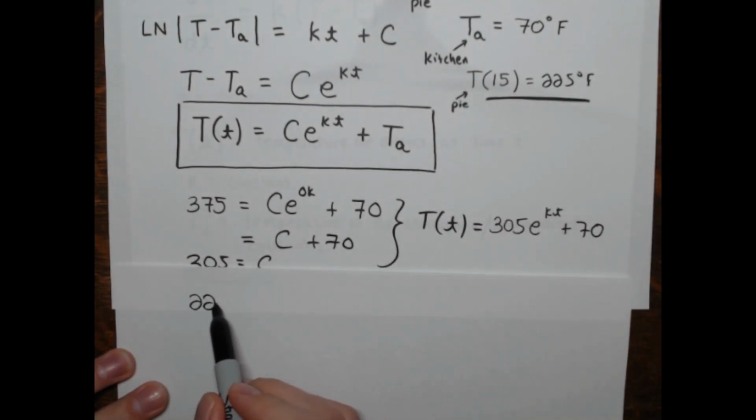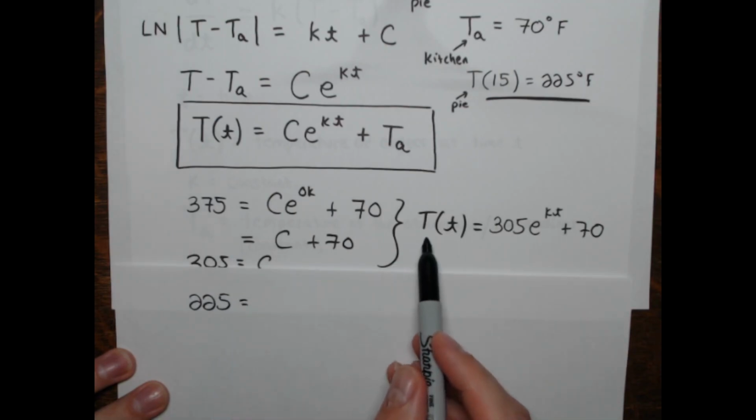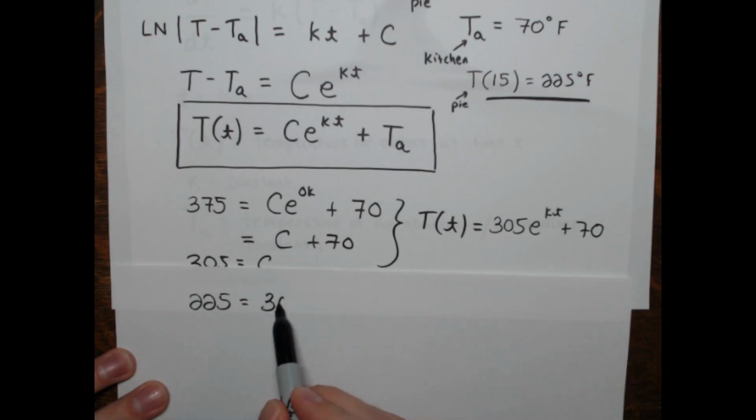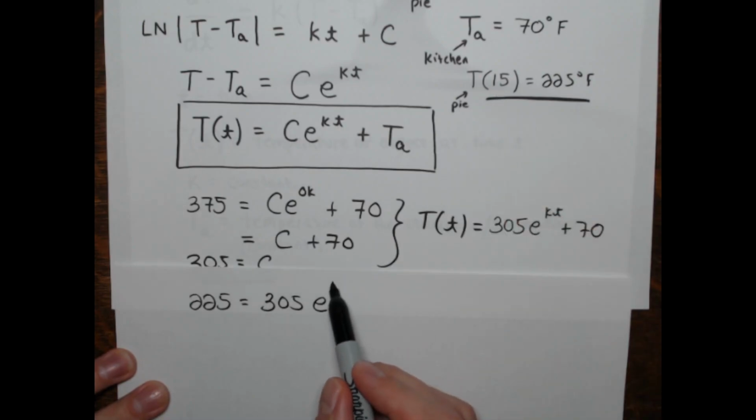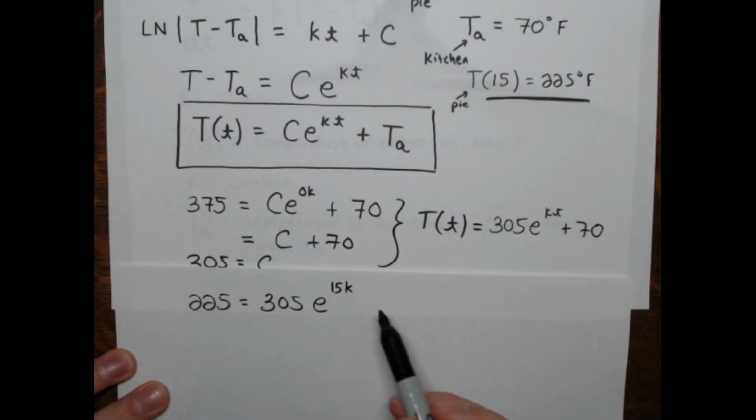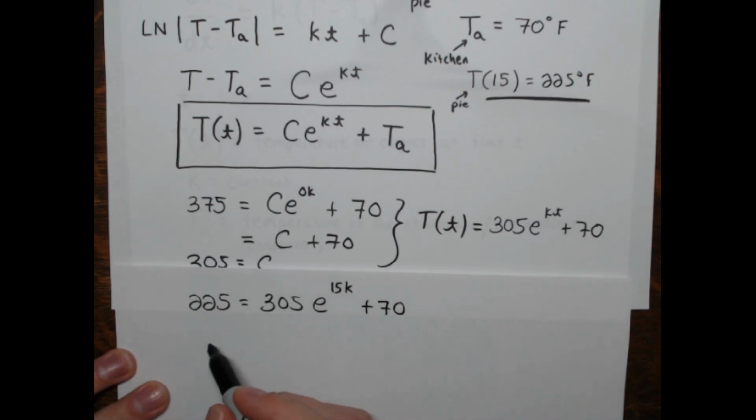So I have 225 on the left, right? That's for capital T, the temperature of the pie, equals 305 times e to the K times time, so 15K, and then plus 70. Well, if I want to solve this for K, I'm going to subtract 70.